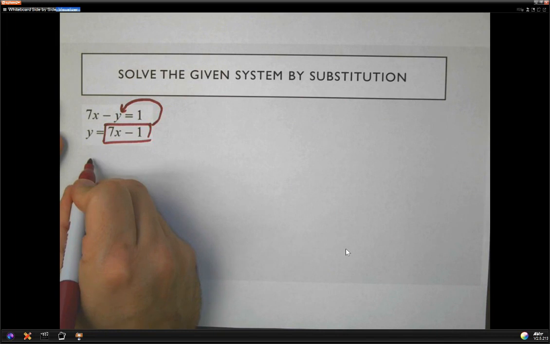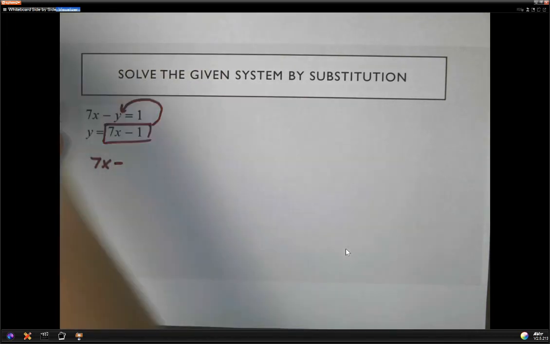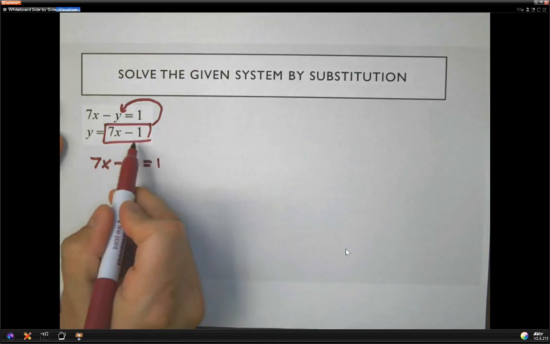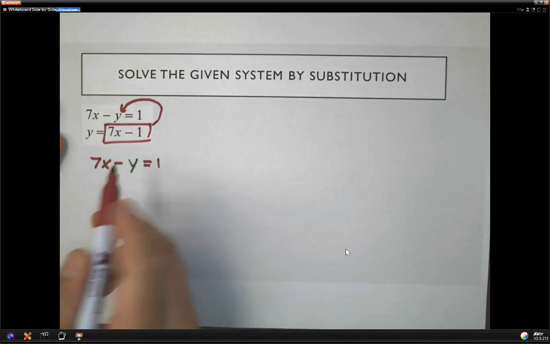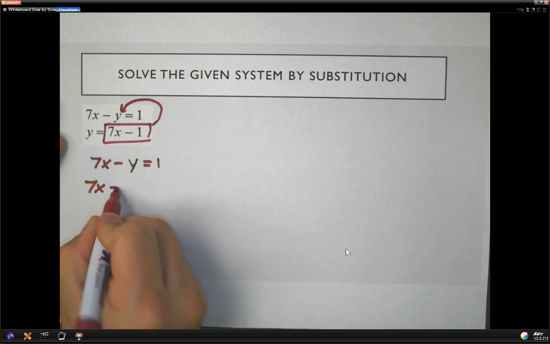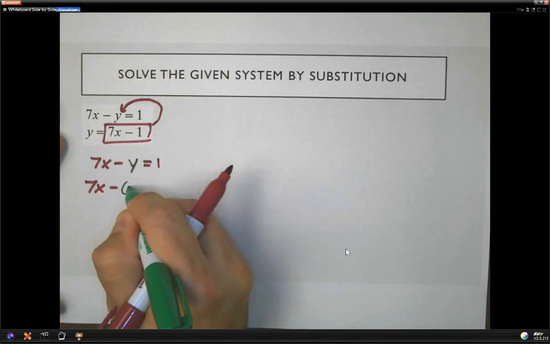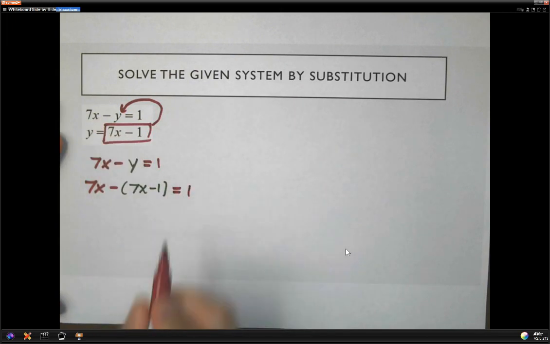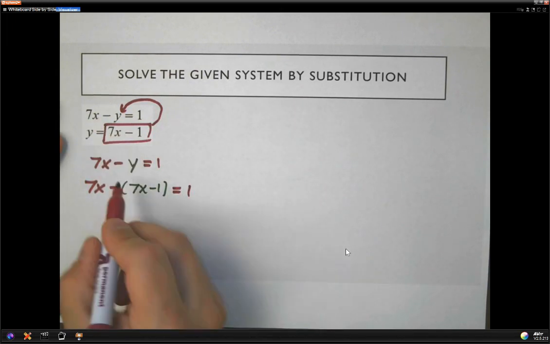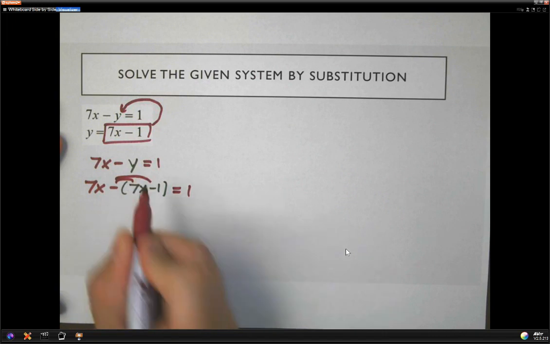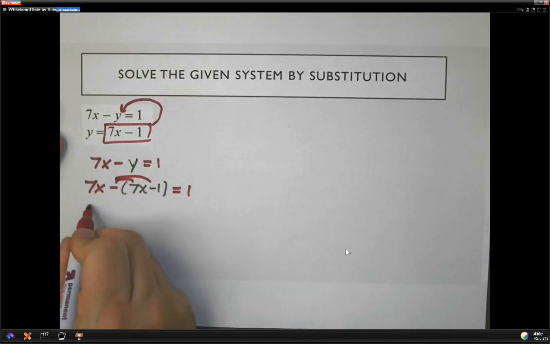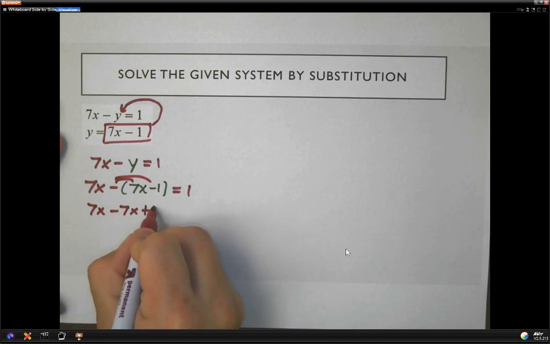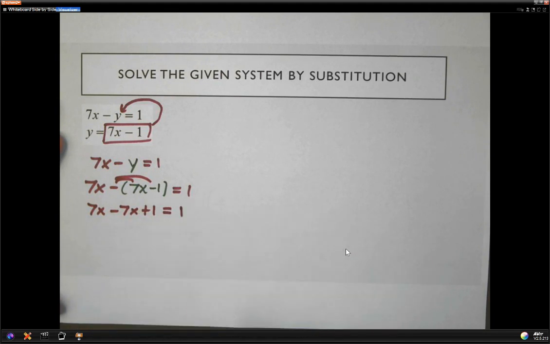I'm going to take that 7x minus 1 and plug it in for y into that equation. So I take x minus (7x minus 1), because that's what we're substituting in for y. I notice that I have a minus sign in front, so I do need to distribute that into the parentheses. So I get x minus 7x plus 1 is equal to 1.